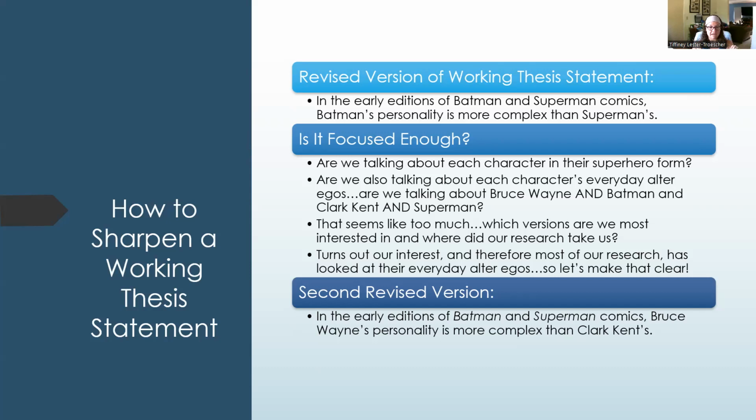I've used the name Batman and the name Superman so readers understand exactly what world I'm in. But I've also made it clear that I'm focusing on just their average, ordinary guy personas, Bruce Wayne, Clark Kent. So we're in better shape.